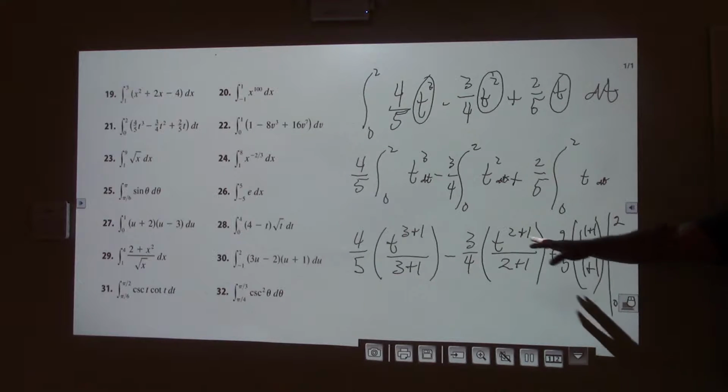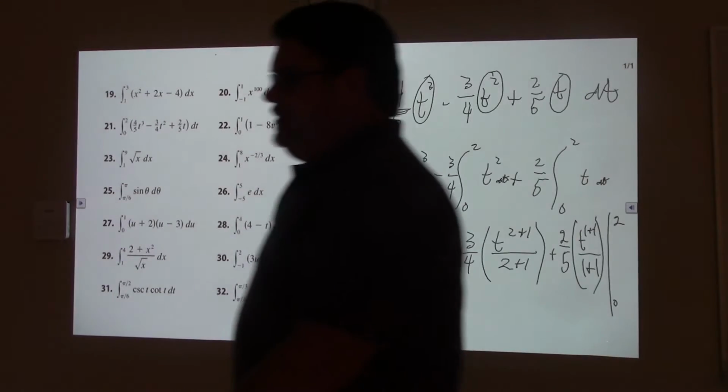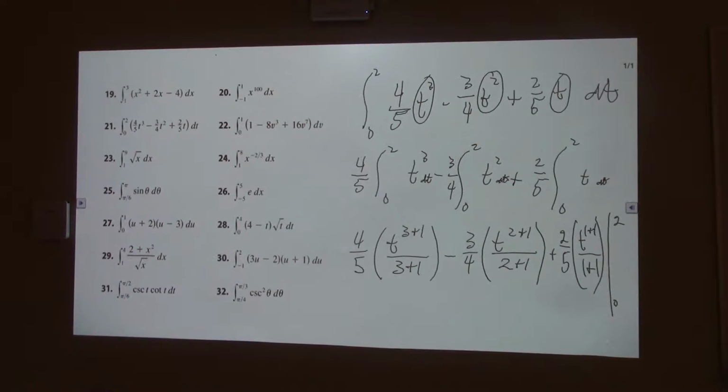That's how you take the antiderivative of a single term: you take the exponent, add 1, and then take that and put it on the bottom. If you want a more mathematical definition, you can look in your book.